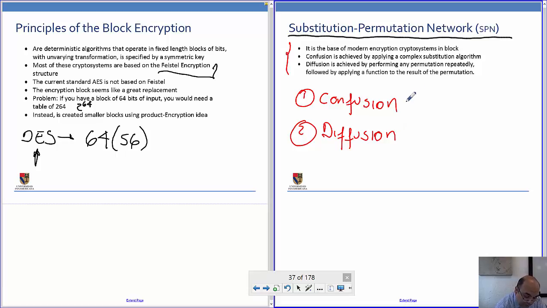The way we achieve confusion is through substitution. And the way we achieve diffusion is through permutation or transposition. So in a substitution permutation network, what we achieve is confusion and diffusion.